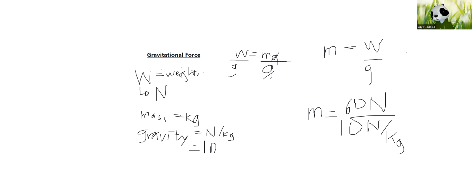I keep M here, it's the mass. So the Newton will be cancelled out because they are the same, right? And it's division. So 60 divided by 10, what is your answer? 60 divided by 10 is 6, it's correct. So 6 kilogram is the mass.